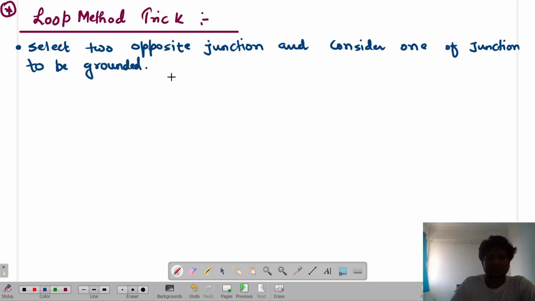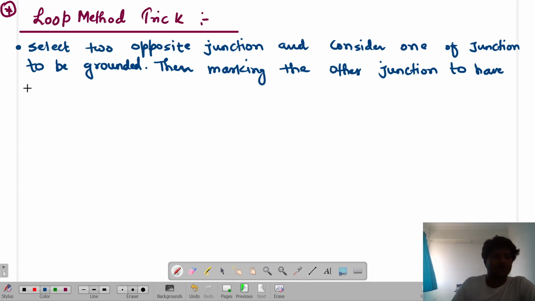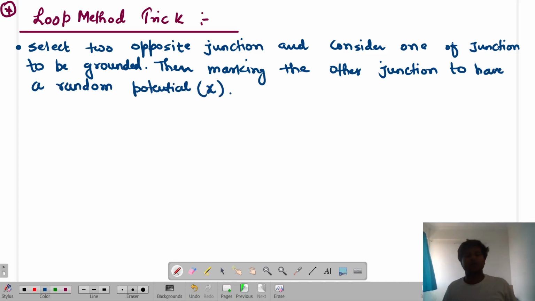Then mark the other junction to have a random potential. I call it X. Are you able to get me?